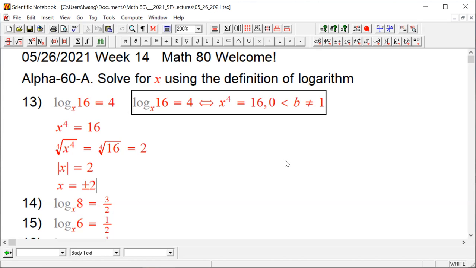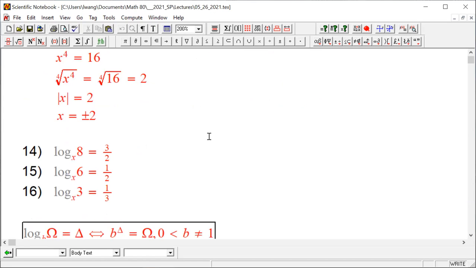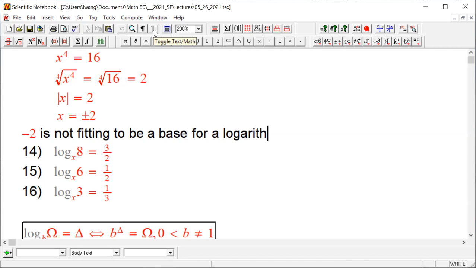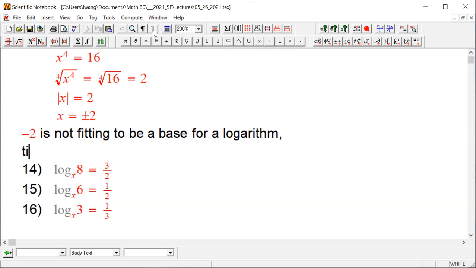But as a base, x cannot be negative. -2 is not fitting to be a base for a logarithm. Thus, x must be equals to +2. Okay, so that's the same narrative.